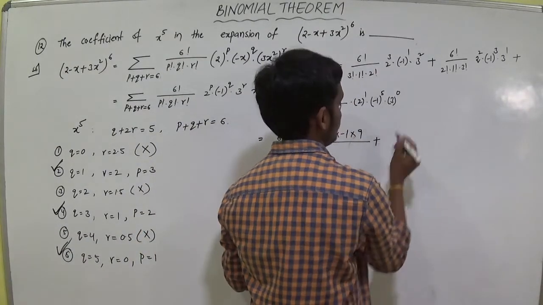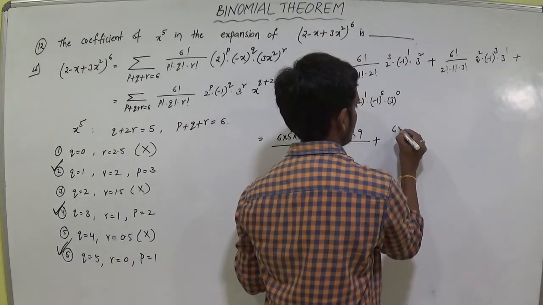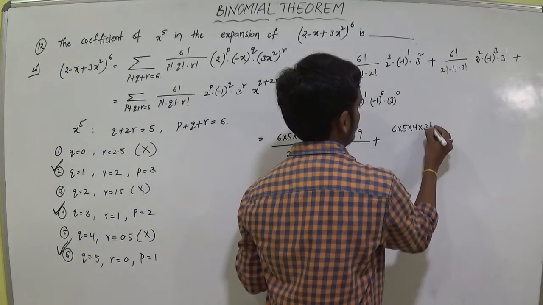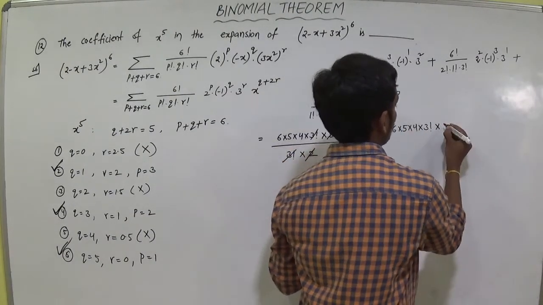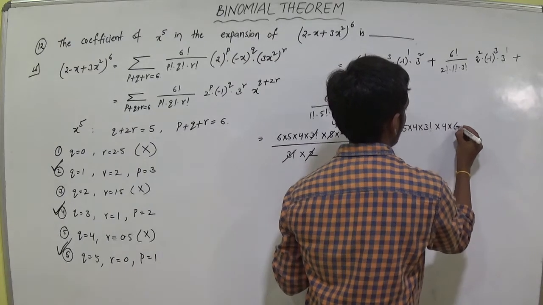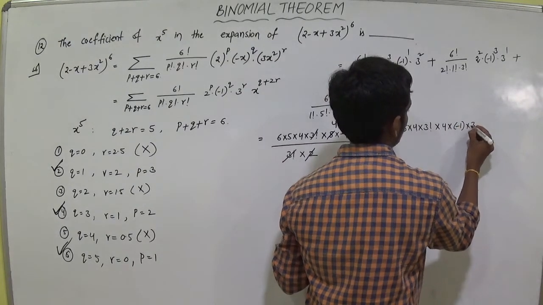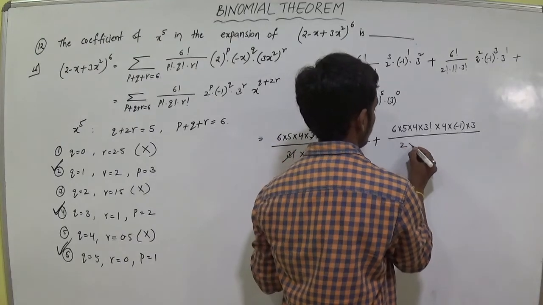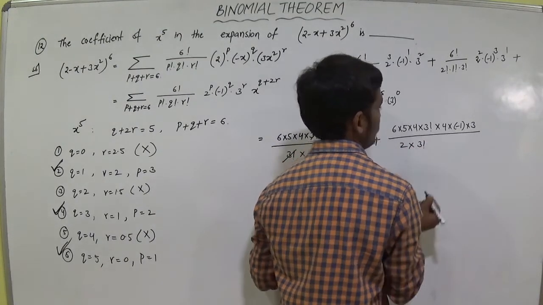Plus here 6 factorial, 6 into 5 into 4 into 3 factorial, into 2 cube, 4 into minus 1 cube, minus, into 3 by 2 factorial, 3 factorial.